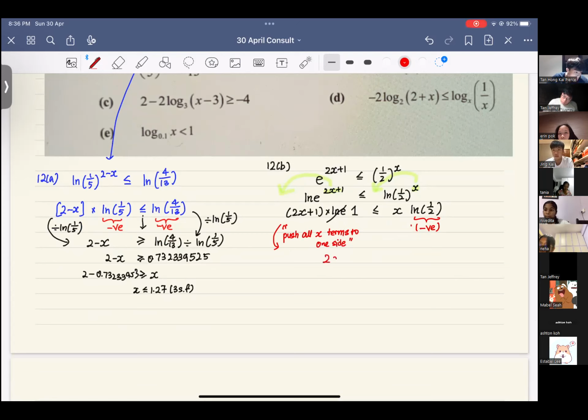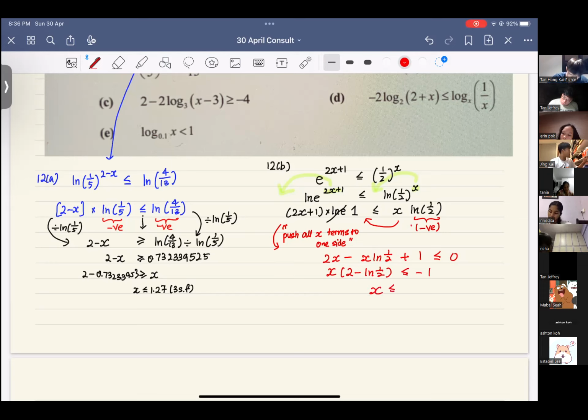I have 2x plus 1 minus x ln half, plus 1 less than or equal to 0. So this has migrated to the left. Factorizing x, 2 minus ln half, is less than or equal to negative 1.